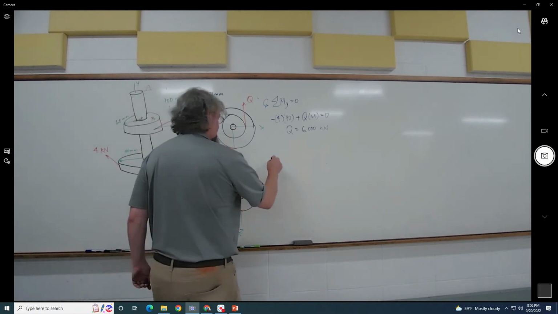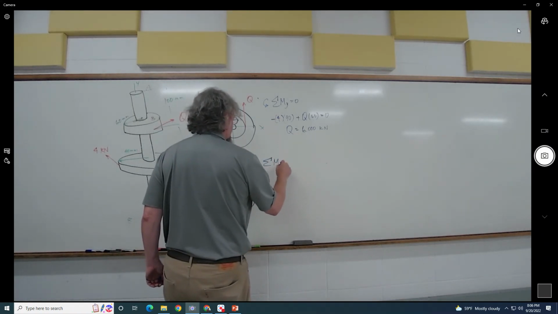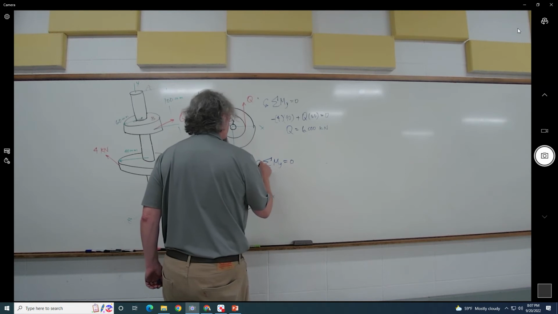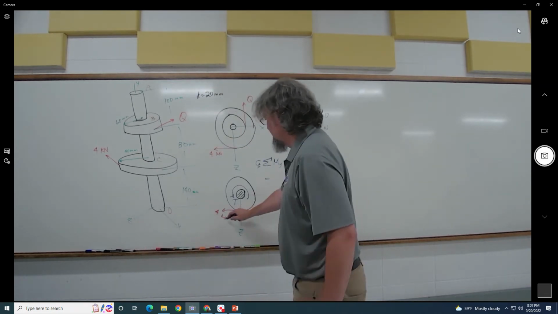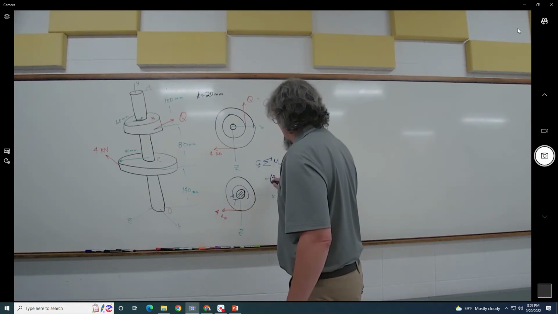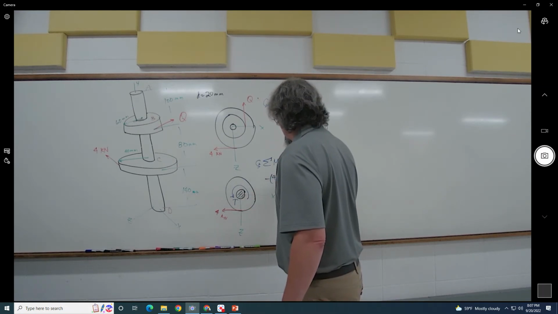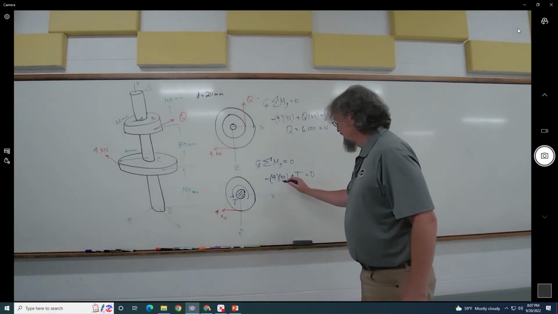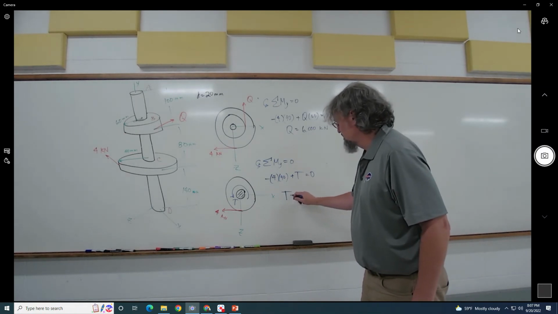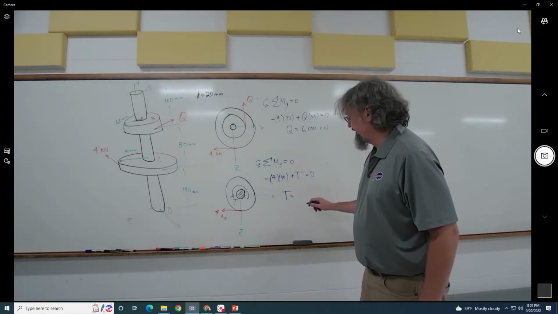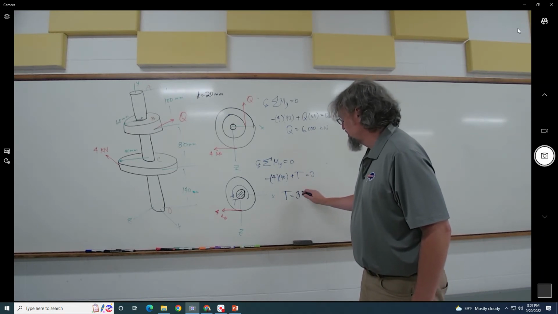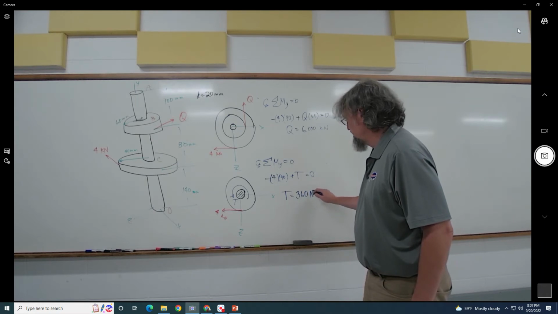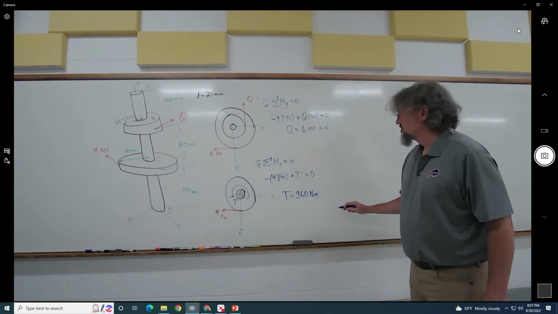Once again, we'll say the sum of the moments about the y-axis is 0, but now we'll go negative, and this is kilonewtons and these are millimeters, so we can still do this legitimately. It's going to give us Newton meters. So the torque is, what's 4 times 90? That's 360. Negative 360, so 360 Newton meters. So we get the torque.